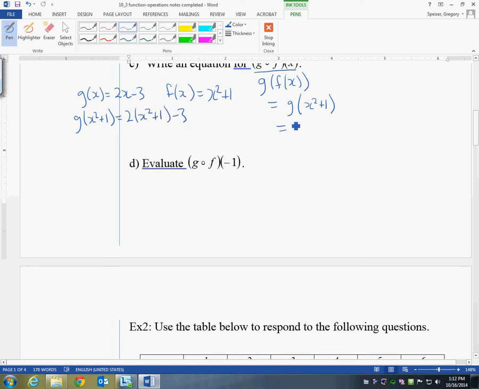Okay, so that's what that looks like. So I'll write this here, 2 times x squared plus 1 minus 3. And now if I multiply it out, I get 2x squared plus 2 minus 3. So my final answer is 2x squared minus 1.